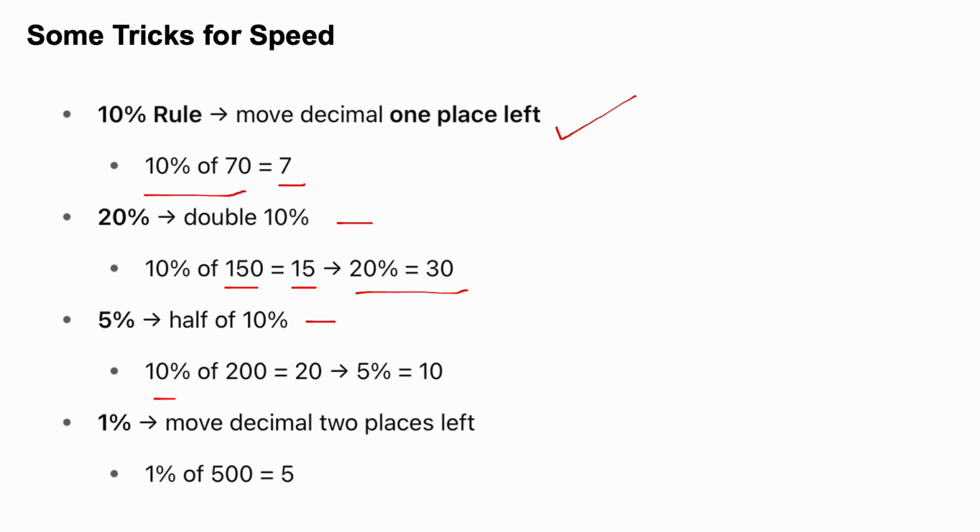So 10% of 200 is 20, and our goal is to find 5%, so just half, and it becomes 10. And for the 1% rule, move the decimal 2 places to the left. So 1% of 500 is 5. So master these shortcuts and you will answer percent questions in seconds, and that will be very useful on test day.